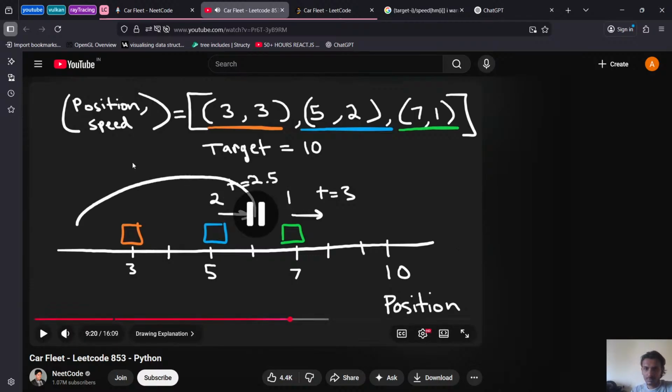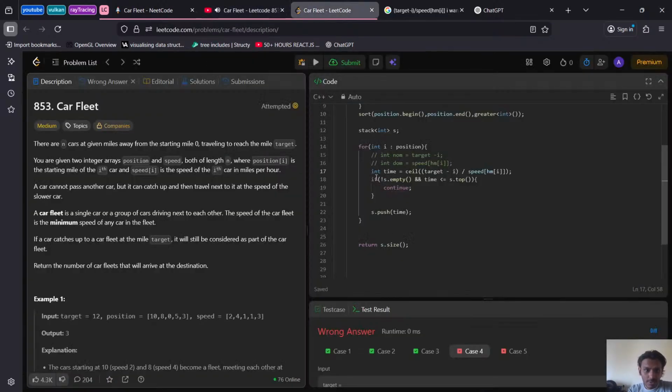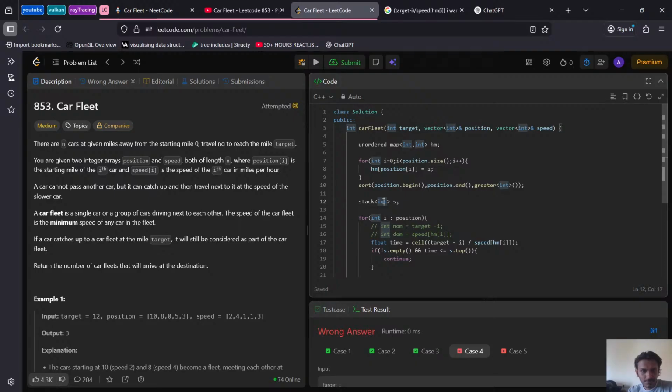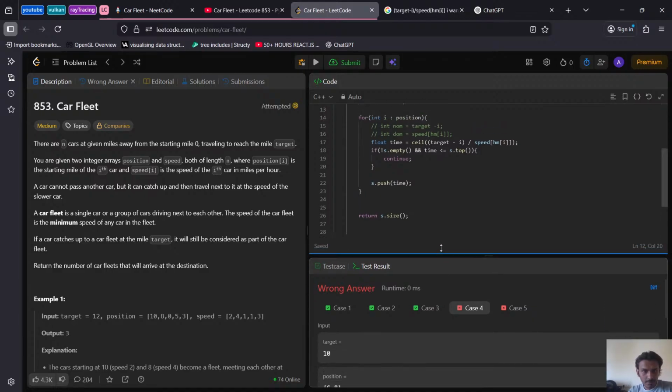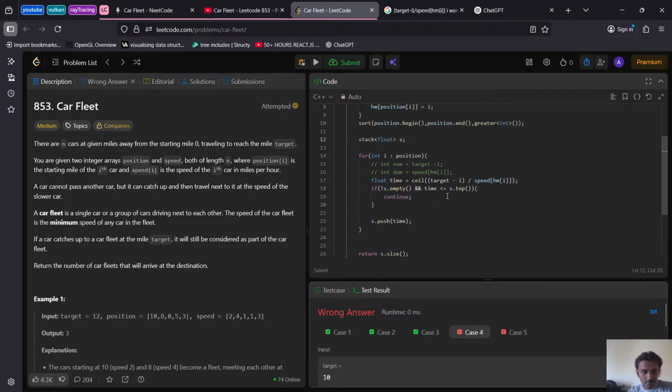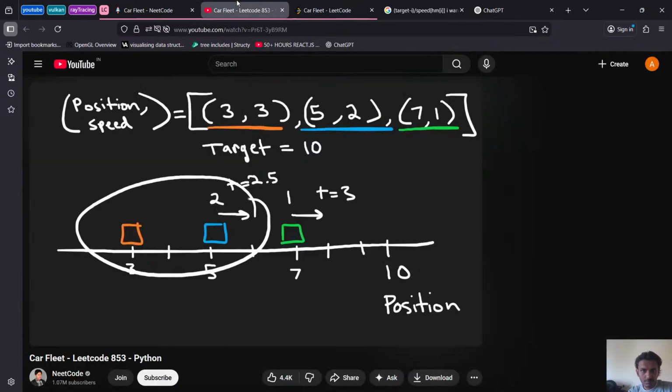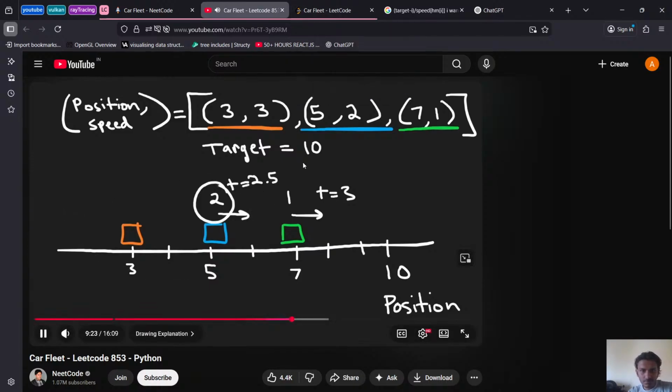So if we want to know if these two intersect, it's going to be harder to calculate because this one is going to have two different speeds.